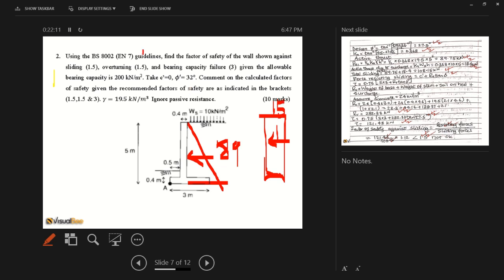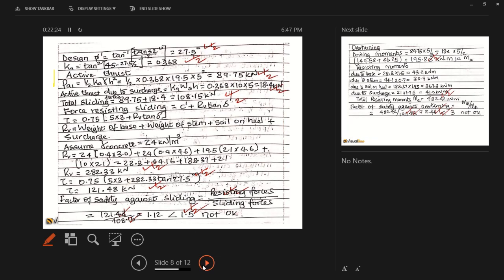If you are talking about sliding forces, you add the two sliding forces. So 89 plus 15, which is an estimation, not exact. So 89.75 plus 18.4. Those are the total of the sliding forces.